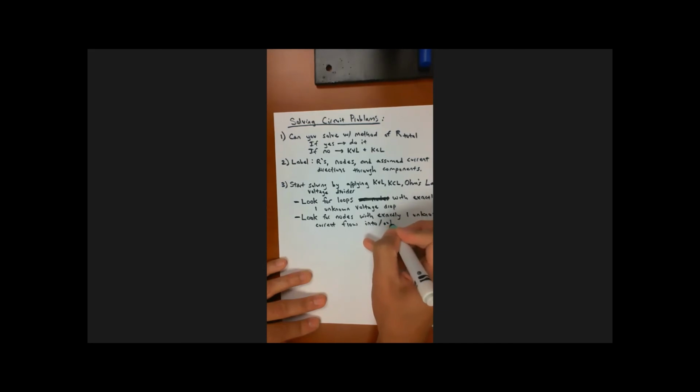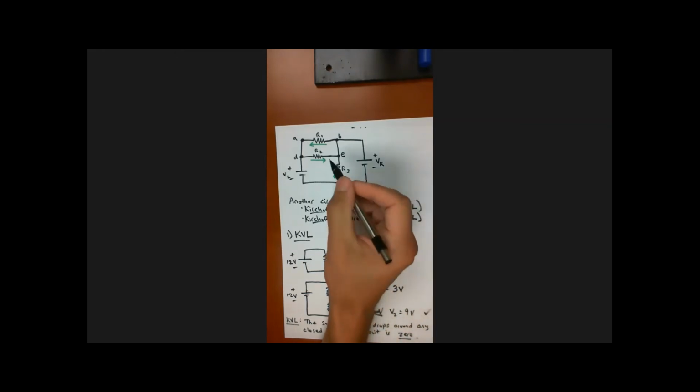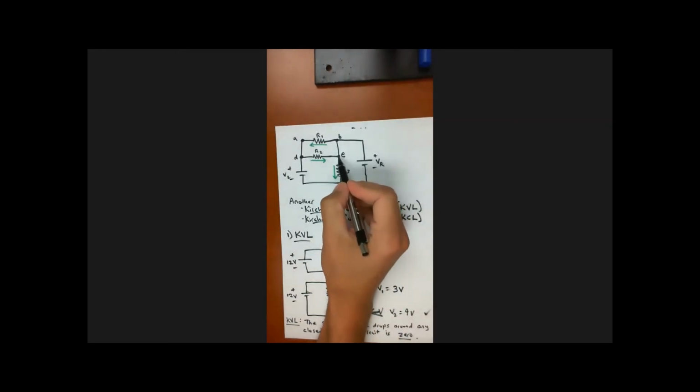Quick example of what I mean by that. Which one should I pick here? This is just an example, but let's pick node E for right now.